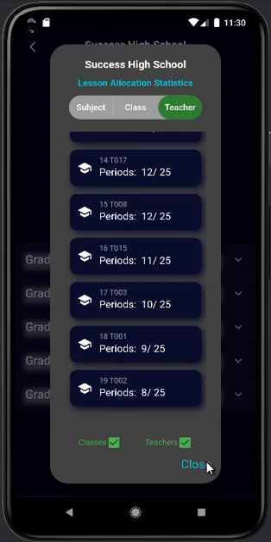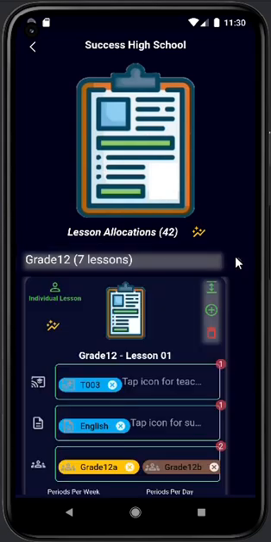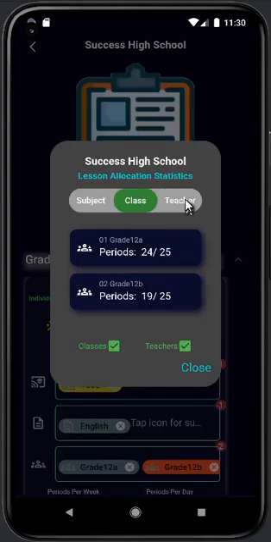Let us now move to the statistics icon on the lesson widgets. As stated before, the statistics icon on the lesson widgets provides lesson statistics for the specific grade in which the lesson appears. On any grade 12 lesson widget, it will thus provide statistics about grade 12 subjects, grade 12 teachers, and grade 12 student classes.